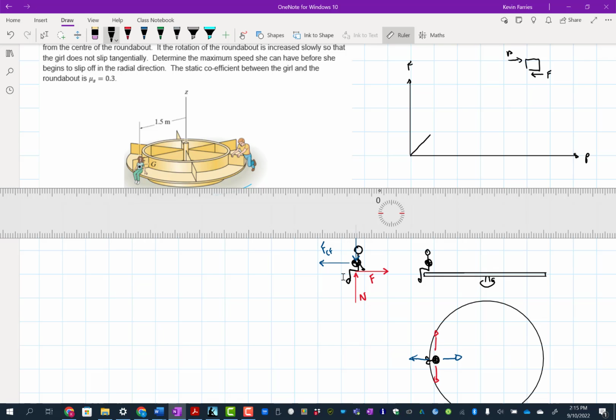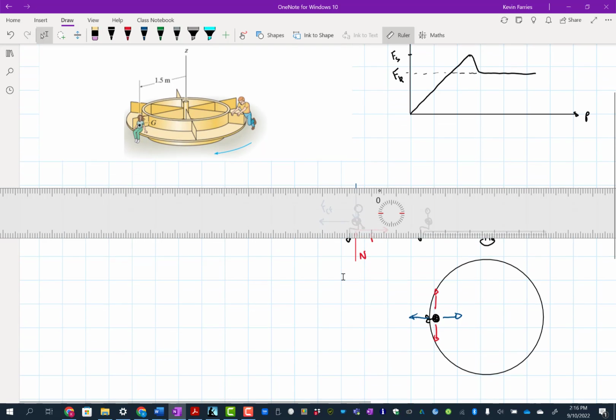Well, it increases, and they're equal to each other, so you get static equilibrium until it gets to Fs, the static friction. Then it drops, and then it would slide after that, and it would have a slightly lower friction, Fk, so the kinetic friction.